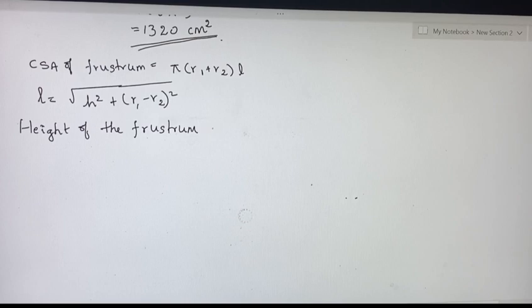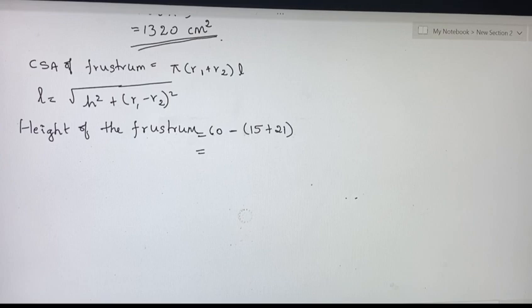So the remaining height of the frustum will be 60 minus 15 plus 21. This 15 is the height of the cylinder, and this 60 is the entire product height. So 15 is the cylinder height, 21 is the hemisphere height. That means they have given 21 as the radius of the hemisphere, so that is nothing but the height of the hemisphere.